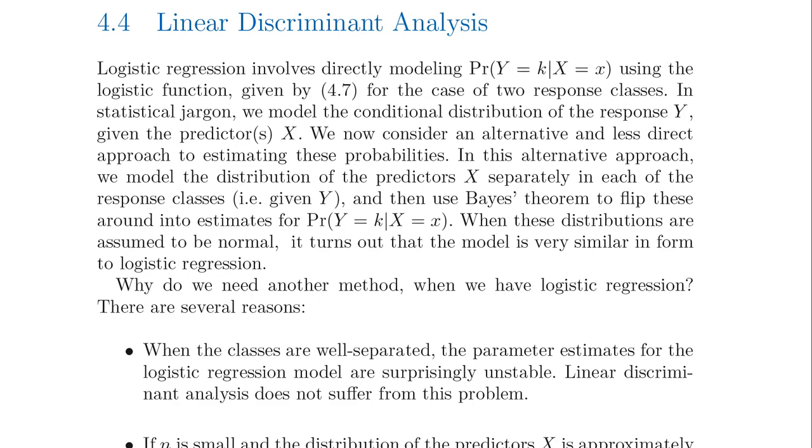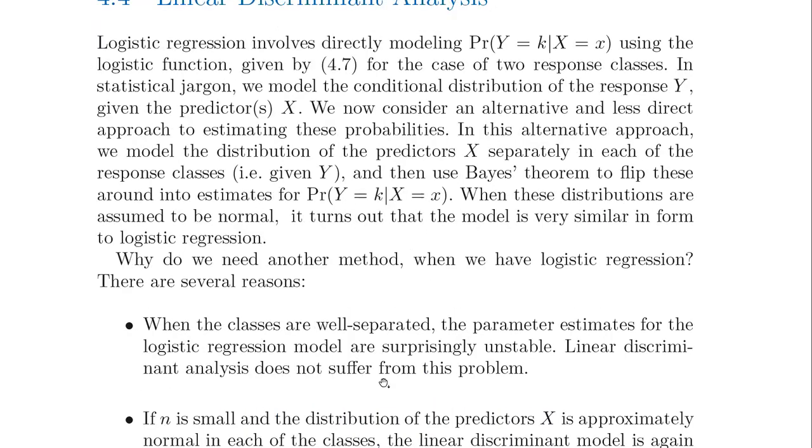We now consider an alternative and less direct approach to estimating these probabilities. In this alternative approach, we model the distribution of the predictors x separately in each of the response classes, i.e. given y, and then use Bayes' theorem. We'll have to see in what detail this book goes into Bayes' theorem to flip these around into estimates for probability y equals k given x.